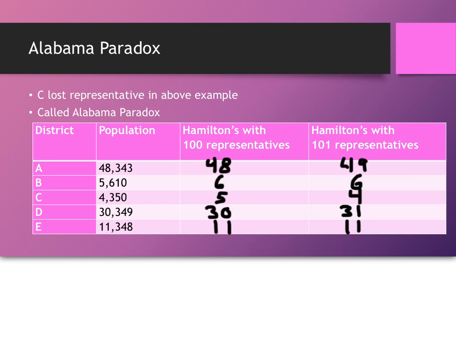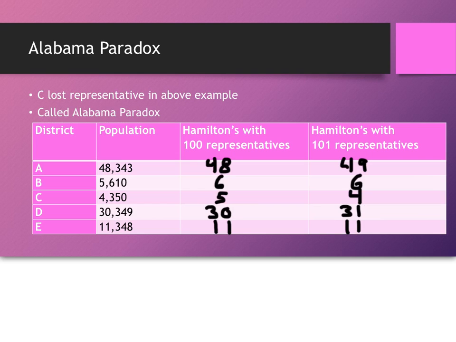With 101 representatives, notice something a little bit strange happened. A got an extra representative. D got an extra representative. And C actually lost a representative.